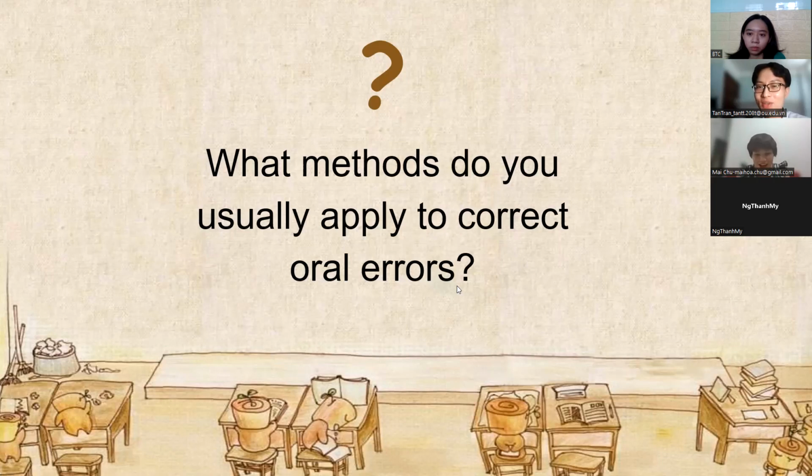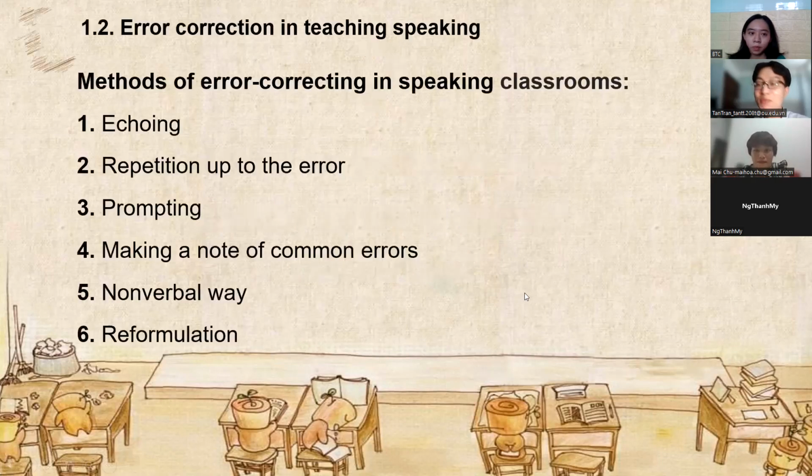All right. In this study, the author also enumerates some methods we can use, some directly, some immediately. And I myself, to be honest, am accustomed to using echoing and reformulation in my classroom.